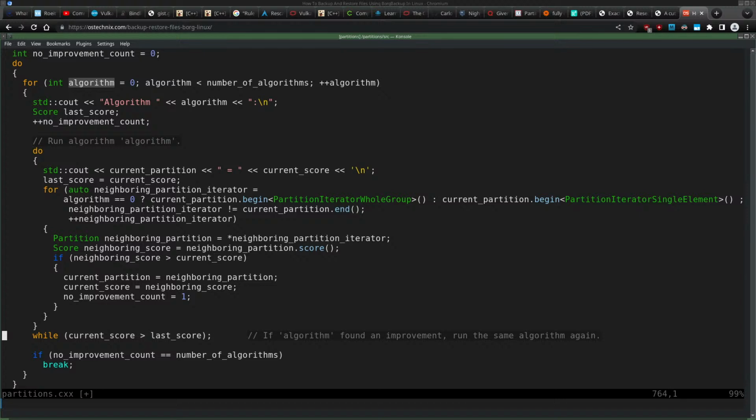So if we did not find an improvement, then the number of algorithms that did not find an improvement is at least 1. If the previous algorithm, before this algorithm, did not find... I don't like this plus here, but okay, if the previous algorithm did not find it, then at this point no improvement count should be 1.